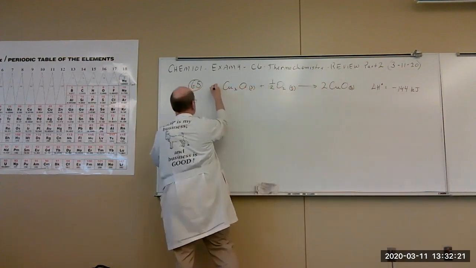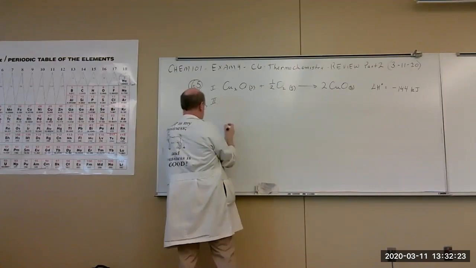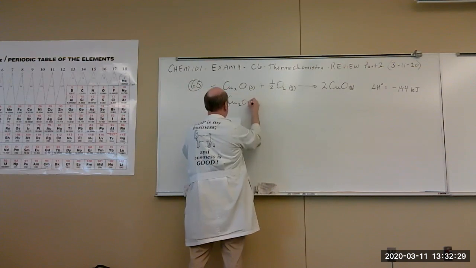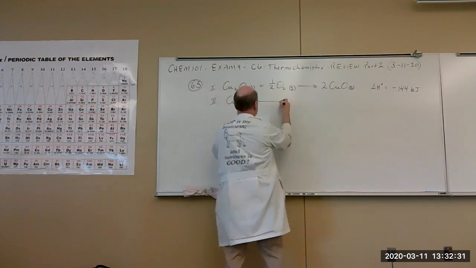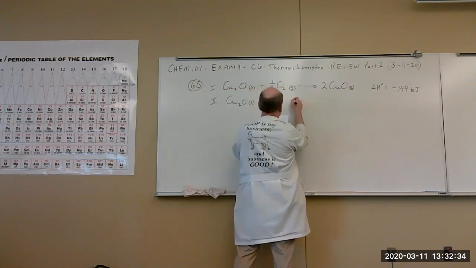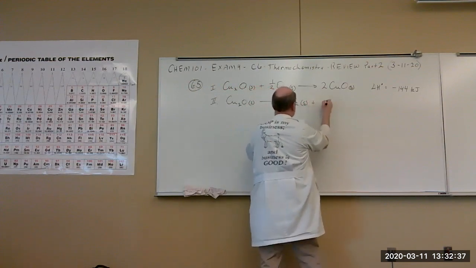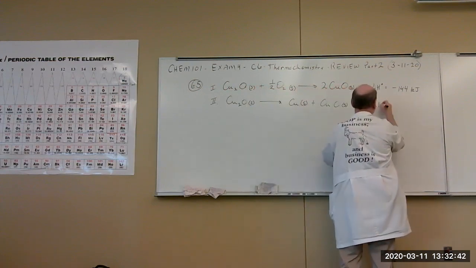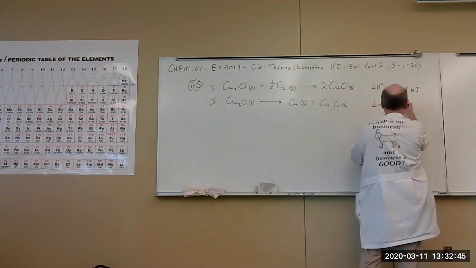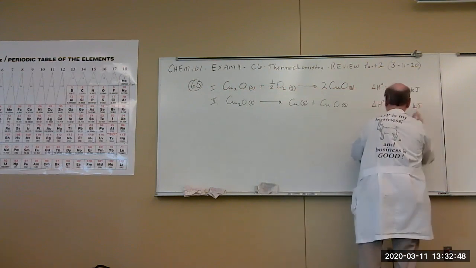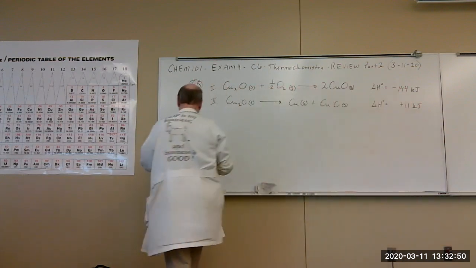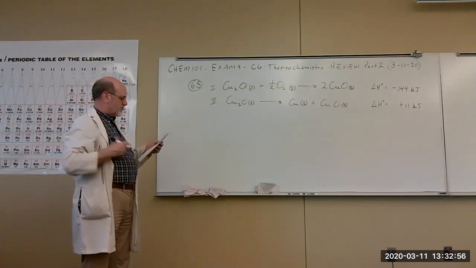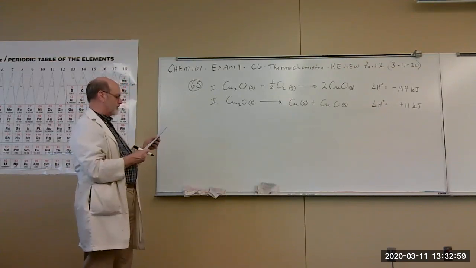That's equation 1. And we're also given equation 2, which yields copper plus copper oxide, and its delta H equals plus 11 kilojoules. The question is, what's the enthalpy change for the standard enthalpy of formation for this one?